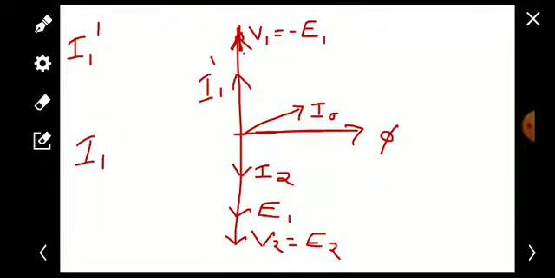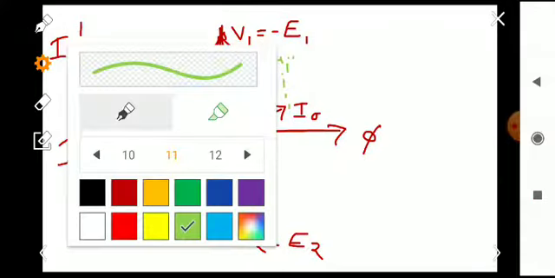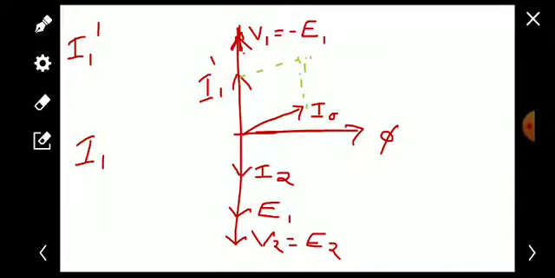We can draw the vector sum like that using the parallelogram law. So this will be our I1. This is the phasor diagram of a transformer with pure resistive load.